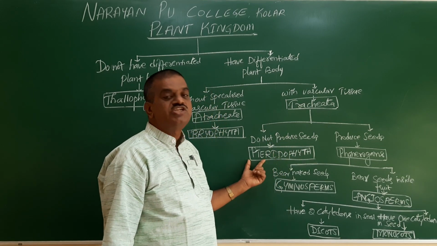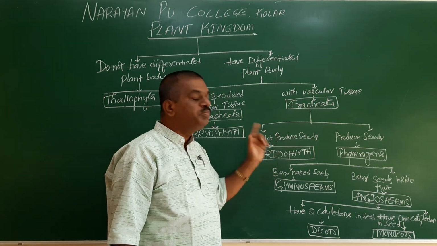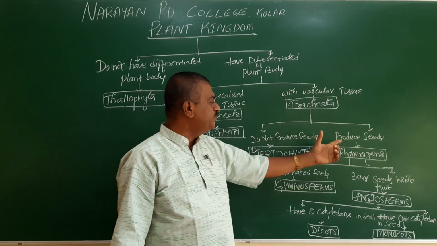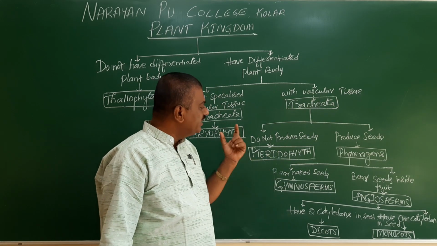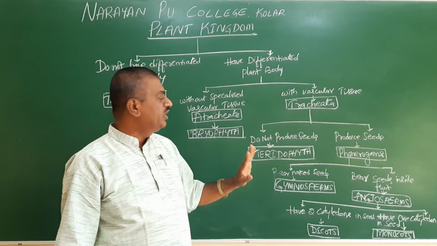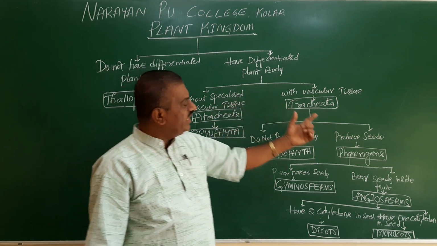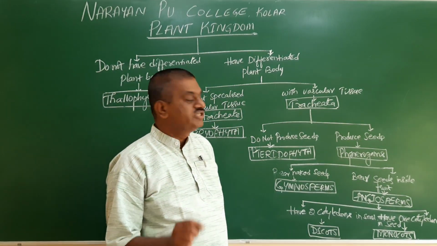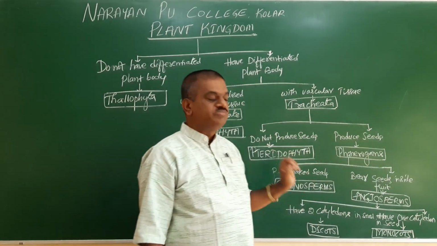In the vascular system, there are 2 types: without seeds, with seeds. Pteridophyta are called lower vascular plants, but they never produce seeds. The other one produces seeds, and here they are called phanerogams.